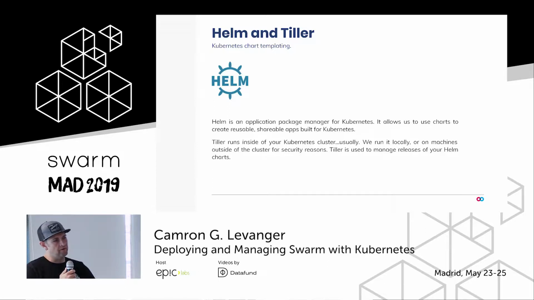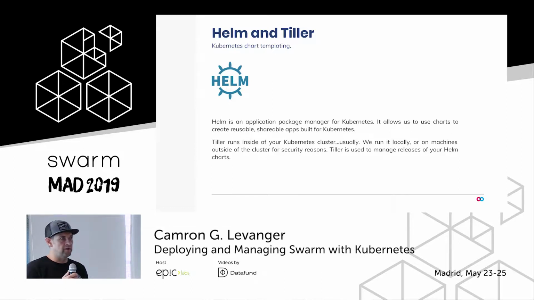The other part of Helm is a tool called Tiller. And Tiller is the part of Helm that basically manages your releases, like it manages the installations. A lot of times you'll see, if you read through the default documentation for Helm, it has you set up Tiller in your Kubernetes cluster.